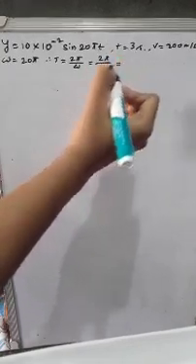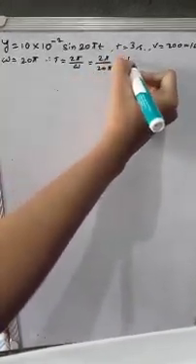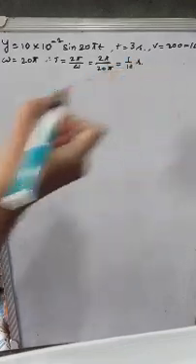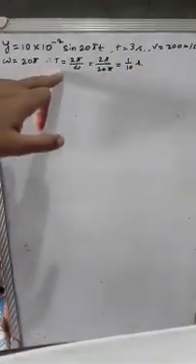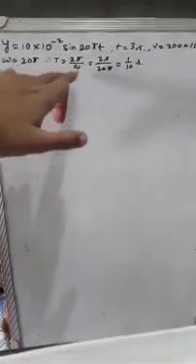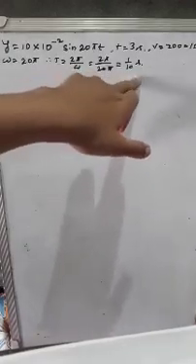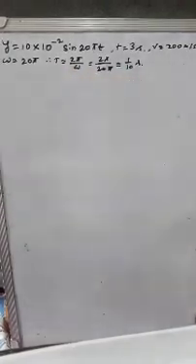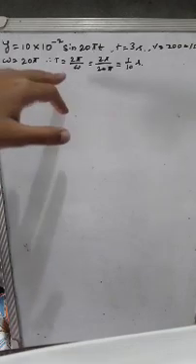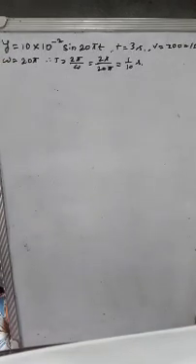That means 1 by 10 second, isn't it? Your time period T will become 2 pi by omega, and just calculate it, you will get 1 by 10 second. Clear? Very easy. So the time period we have calculated. Let's see what other parameters we can get.